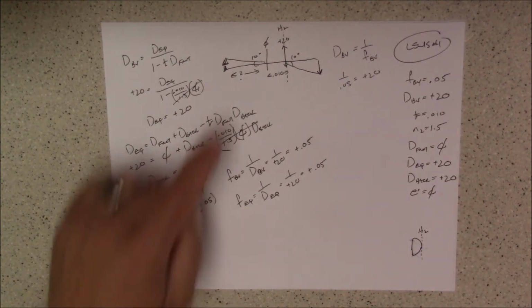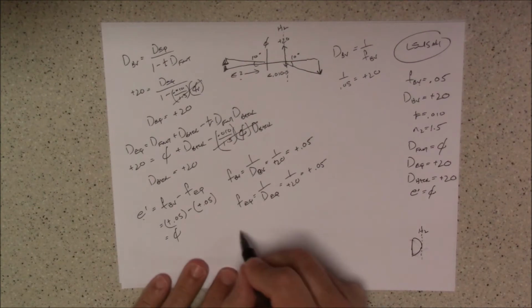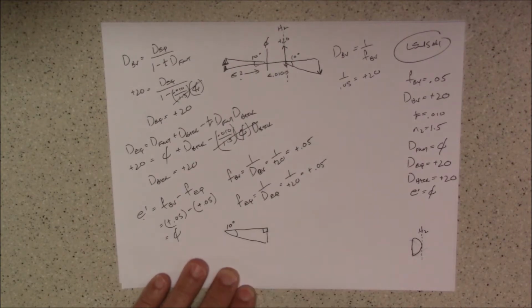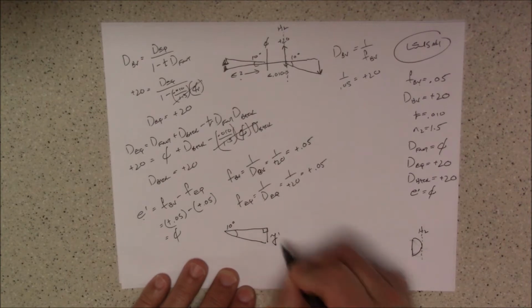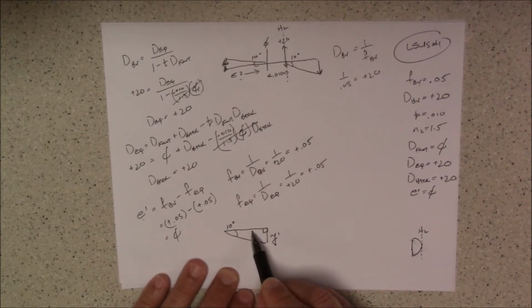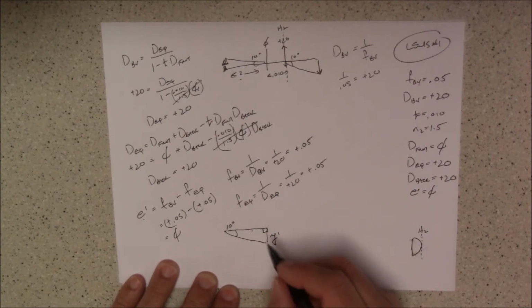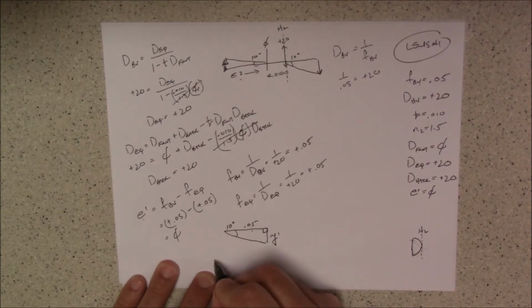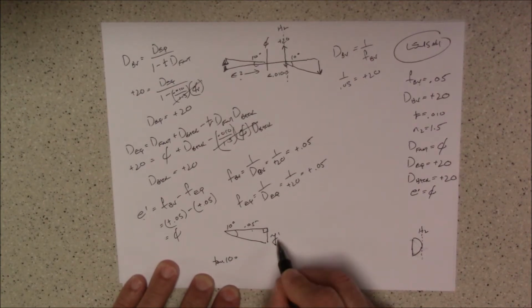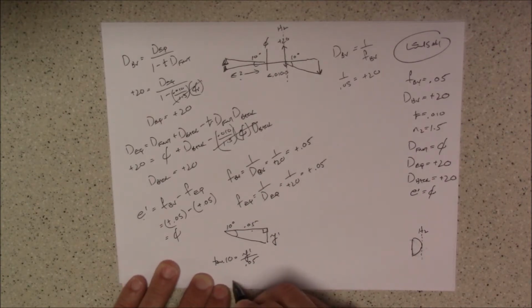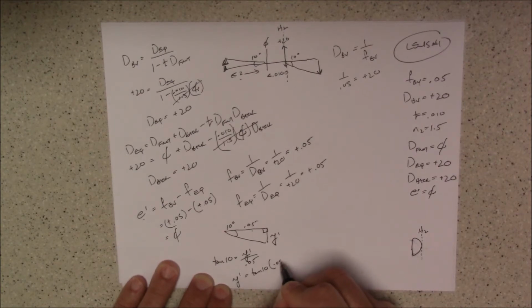All right, and so same drill as we did with the first problem. So I'm going to have my right triangle. Looks like this. Here's my right triangle here, and our right angle there, excuse me, and then this angle here is going to be 10 degrees, just like it was in the other problems. This, therefore, is going to be my image height, and then this is going to be the focal length of my back equivalent power, which is going to be 0.05. All right, and so the tangent of 10 degrees is going to be the opposite, which is the image size over the adjacent, which is the 0.05, which means my image size is going to be the tangent of 10 times my 0.05.